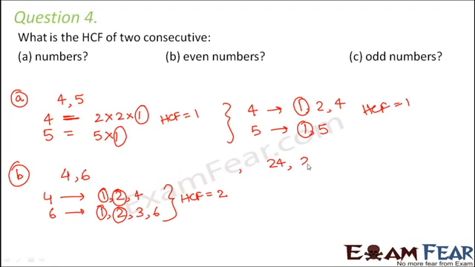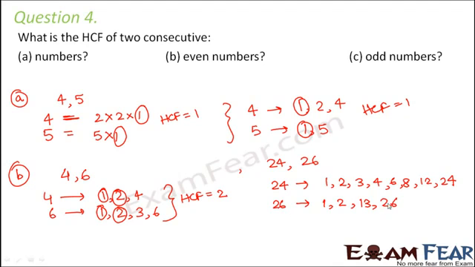Let us look at some other examples. Take one more example. Let's consider 24 and 26. So for 24, what are the factors? 1, 2, 3, 4, 6, 8, 12 and 24. These are the factors for 24. For 26, the factors would be 1, 2, 13 and 26. So here also you see 1 is a common factor and 2 is another common factor.